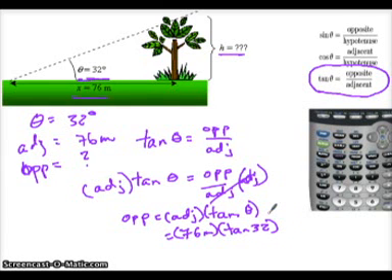Make sure that your calculator is set to degrees and not to radians. If you're not getting the answers I'm getting, that might be your problem. 76 times, and then I hit tangent 32. And I get a height of this tree that is 47, rounds to 47.5 meters.